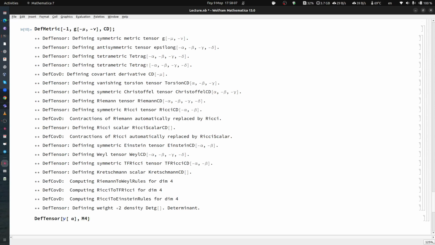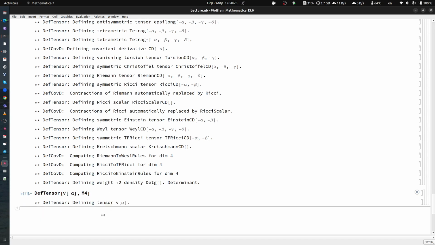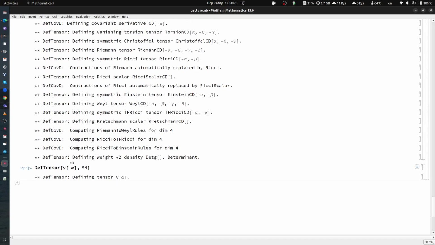And you see here that the first argument is the tensor with the index that it takes. So this is a vector, v is a vector. And here we have to put the manifold that it is attached to. So when we evaluate this function here, we are informed that a tensor v has been defined.